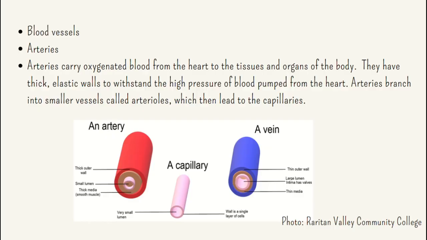Then you have venules and then the vein, but you don't have to necessarily worry about all of that. That's just how it travels. You have the artery, which is the biggest, and you have arterioles, which are smaller vessels, and you've got the capillaries in the middle. Now you're going to have the venules and then the vein. So as I said before, the arteries are usually the biggest blood vessel.